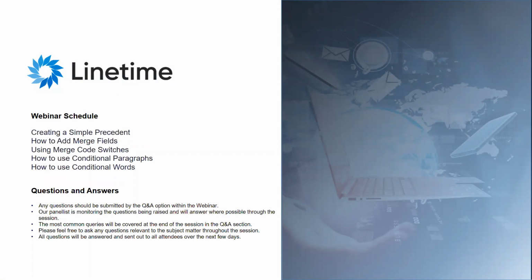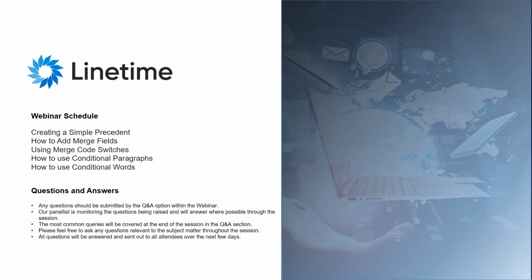We'll just take a look first at what Lorraine's going to be running through today as part of the webinar. So she's going to be looking at how to create a simple precedent, and this is looking at the admin side of Liberate. She's going to be looking how you can add merge codes and merge fields into your precedents and using the merge code switches, how to use the conditional paragraphs, and how to use the conditional words.